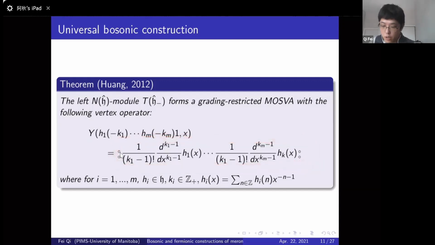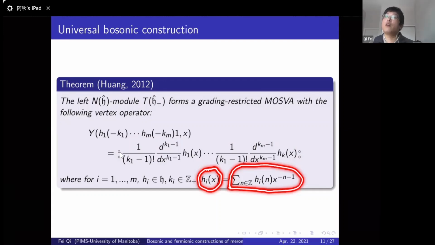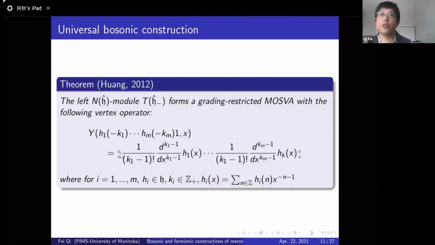You just take the appropriate derivatives of H_i(x), where H_i(x) is simply the generating function for all the operators H_i(n). Then you put all the appropriate derivatives together and take the normal ordering, and that will be our vertex operator. This is the universal bosonic construction given by Huang in 2012.